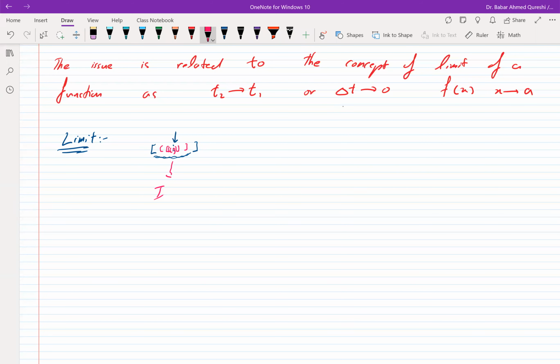So you have an initial guess, which does not change as you make delta t small, no matter how much.